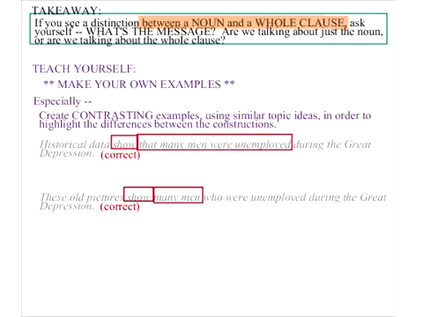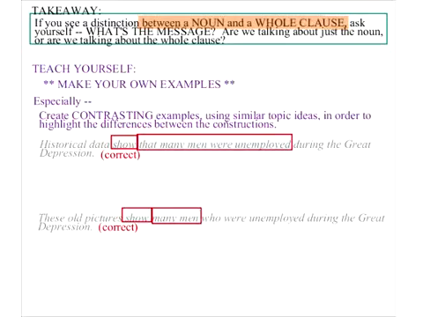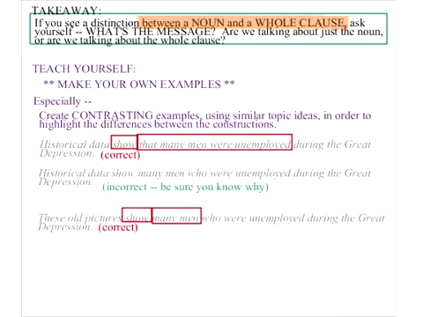If you are making your own examples, you can also make the incorrect versions just to make sure that you understand. So side by side with that, you might want to make the incorrect examples. Like, historical data show many men who were unemployed during the Great Depression. This is incorrect, and be sure you know why. That's not possible.